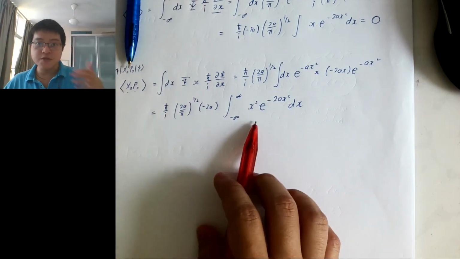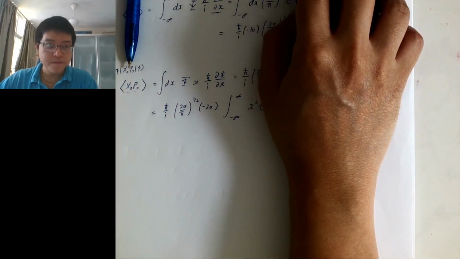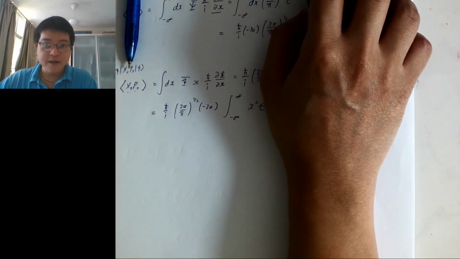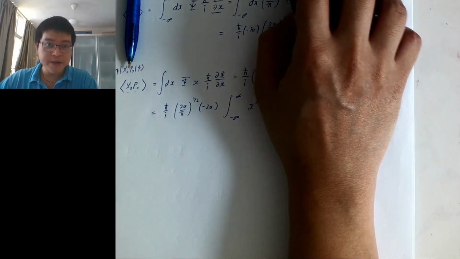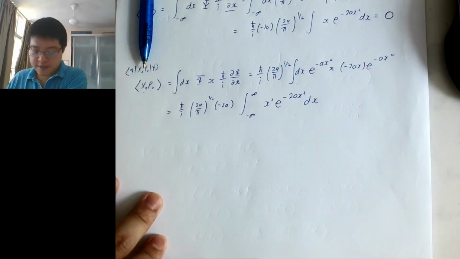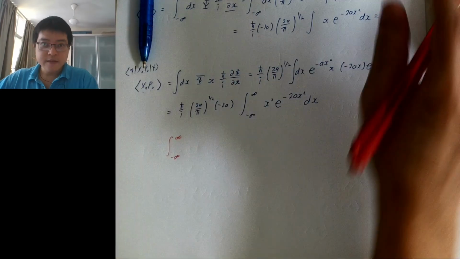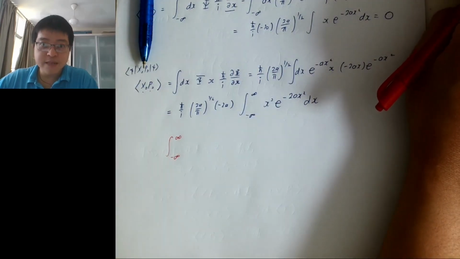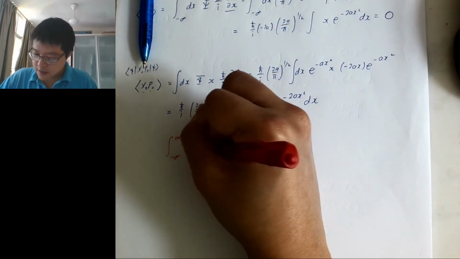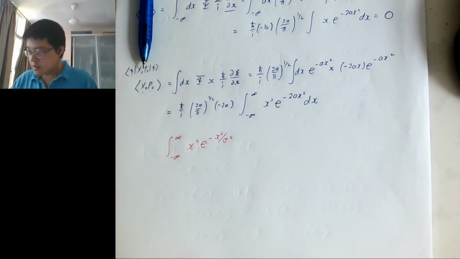What is this integral? You look at the formula list in the lecture notes. Over here, we've got a few Gaussian integrals, so we're going to make use of this. Let me just copy down the integral. I want to integrate x to the power 2, so I substitute n equals 1 here: x squared e to the minus x squared over some constant squared.